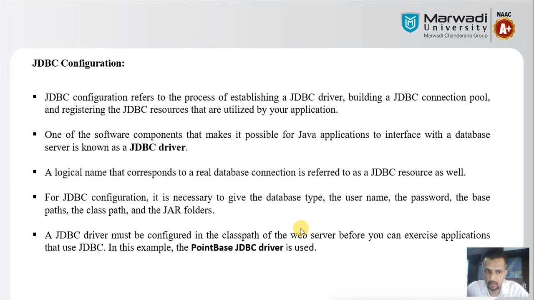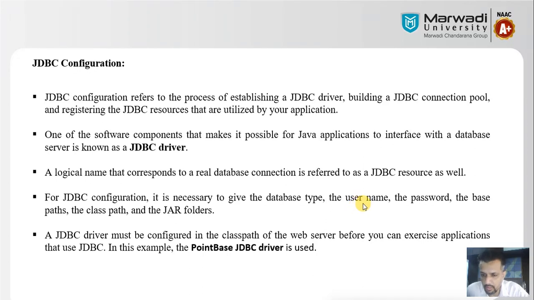If we configure a JDBC driver, then it is necessary to give the database type. It's a mandatory part, and I will always write first which kind of database I am using. After that I will put the username. So guys, what is the meaning of username and password here?